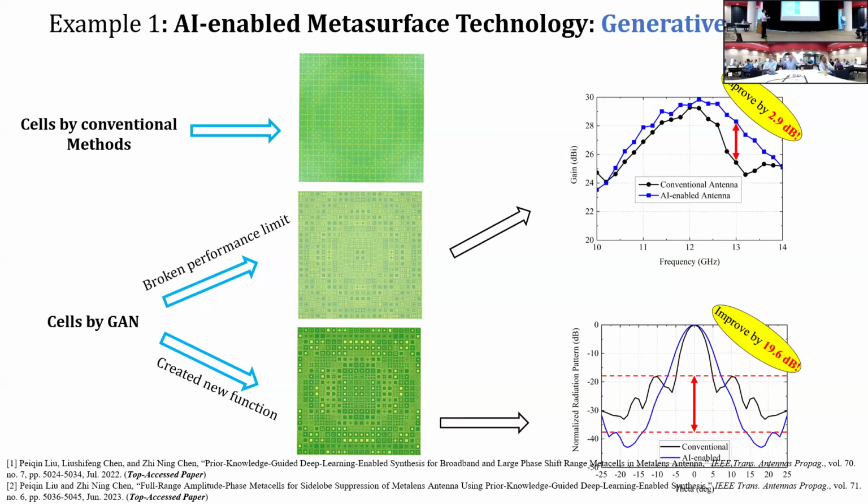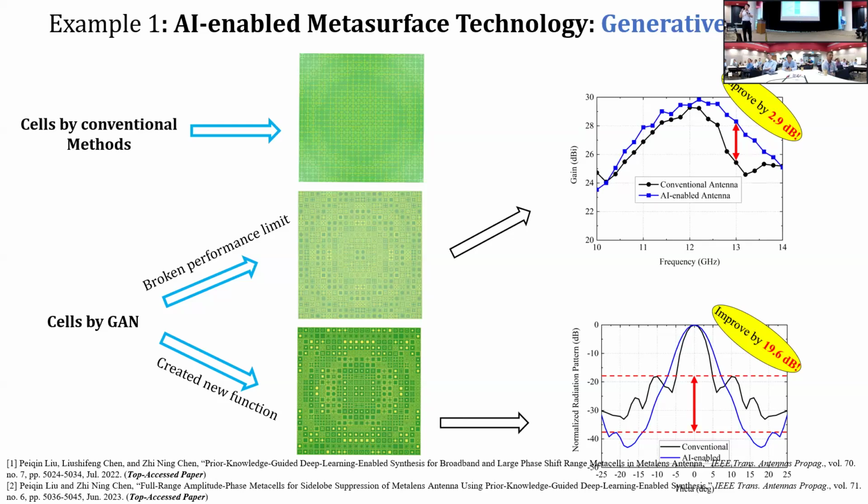Okay, so after this cell design, then we go for the device design. Then we use these cells to form the lens for the antenna design. Conventionally we use the cell across the cell with different dimensions. Different dimensions mean that can generate different performance.